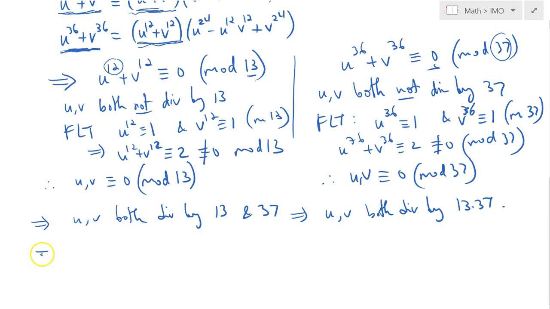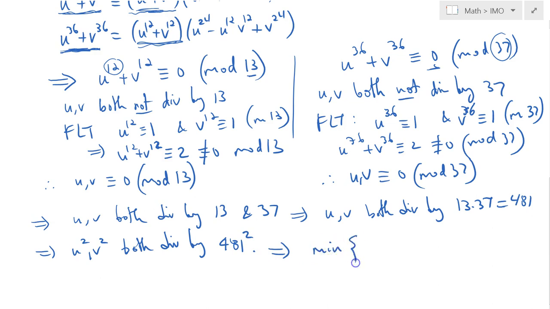But then their squares, u square and v square, are both divisible by 13 times 37, which we earlier established is 481, so 481 squared, suggesting that the minimum value that we are actually seeking, that u square and v square can take, is greater than or equal to 481 squared.